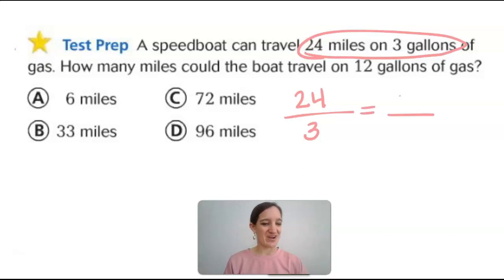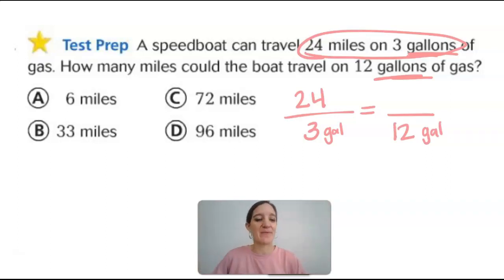Do I put it on top or do I put it on bottom? Where'd you end up putting it? Hopefully you put it down here with the 3 because both the 3 gallons and the 12 gallons are gallons and we keep matching the labels. That's how we keep things equivalent, right?